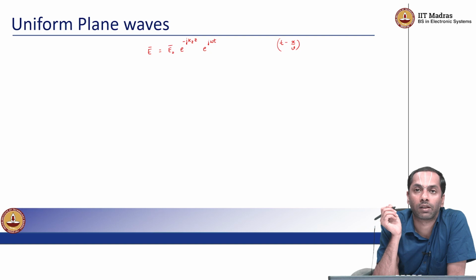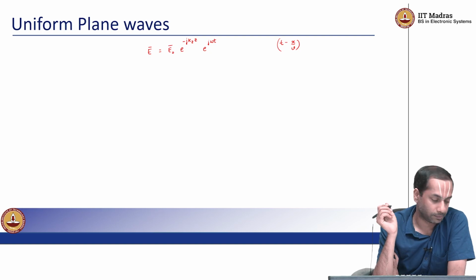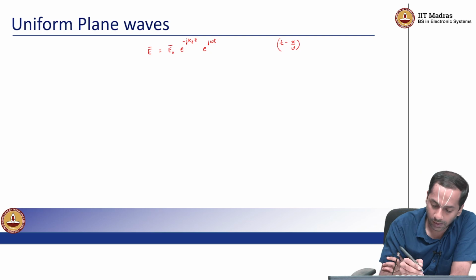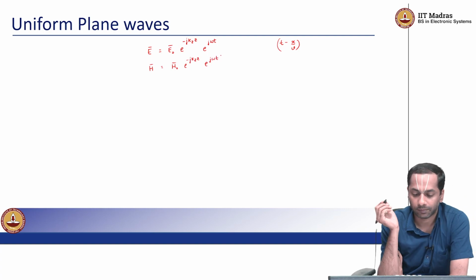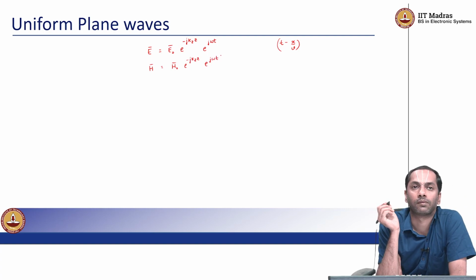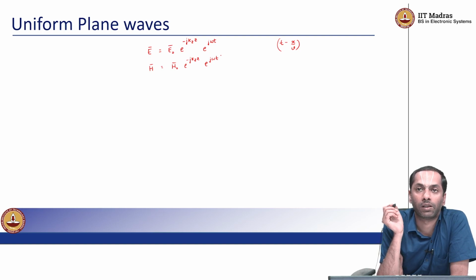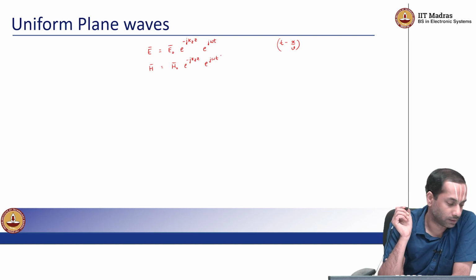We will see what the constraints are on kz and the E naught vector. Similarly, H can also be written as a solution of this form. E naught and H naught vectors I do not know; that is what I will need to find out using Maxwell's equations.